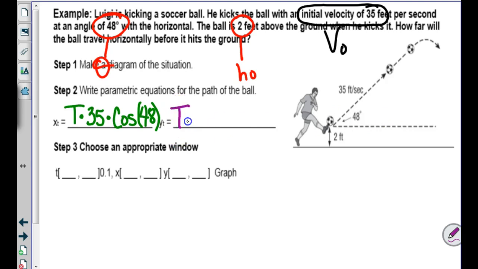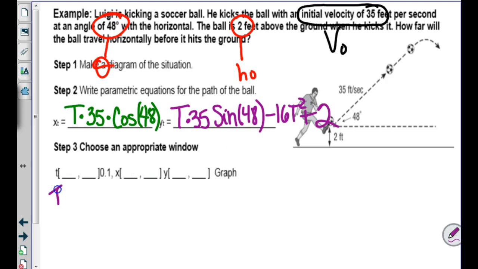T times 35, but then it says sine of theta, 48 degrees. Does anyone think it makes sense that the x had the cosine with it and the y had the sine with it? And then it's minus 16 t squared plus the initial height of 2. Everybody got those? Okay, we're going to put that in our calculator, but first let's talk about the window.